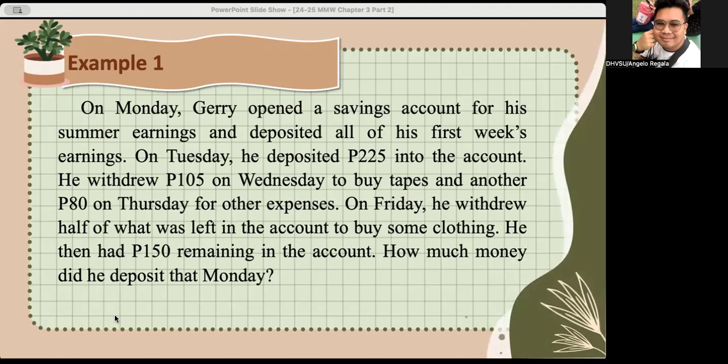On Friday, he withdrew half of what was left in the account to buy some clothes. He then had 150 remaining in the account. So the question is, how much money did he deposit on Monday? Okay, so let's analyze the problem by understanding it.